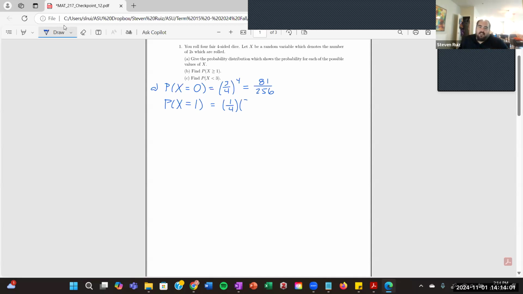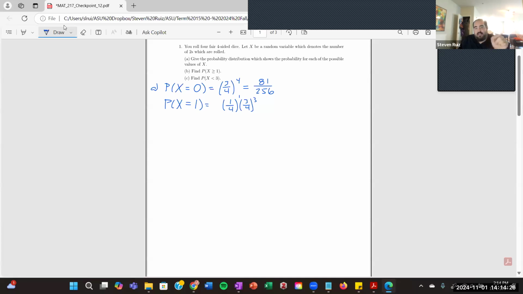So I need a 3 out of 4 chance to the power of 3. Basically, I need 1 success and 3 failures, so that's why I have both of these factors here. I have a 1 in 4 chance of getting a 2, and I have a 3 in 4 chance of getting anything else, but I need that to happen 3 times over.